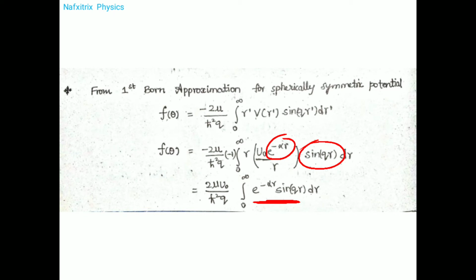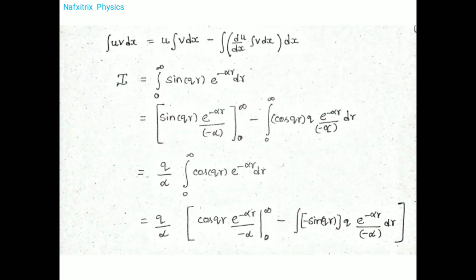But if we want to calculate it, we can use the formula for e power ax sine bx, if we can remember it, or else we can simply solve it using the uv formula. We all know that integration of uv dx is u into integration of v dx minus integration of d by dx of u into integration of v dx, whole dx.